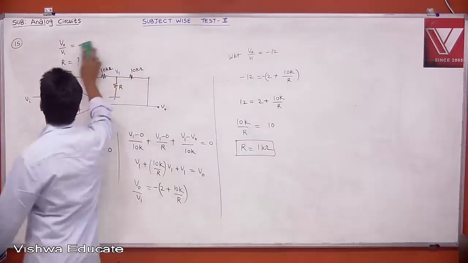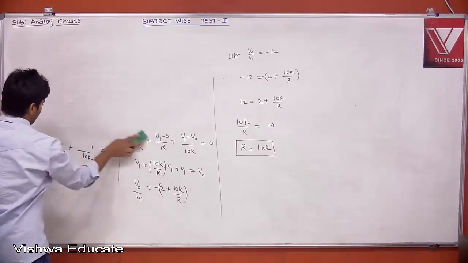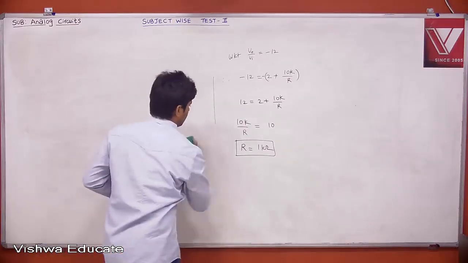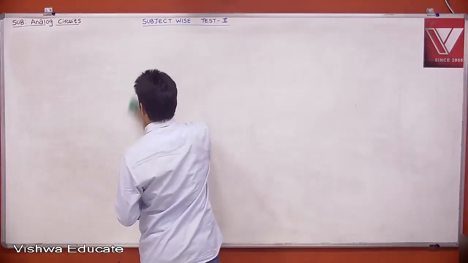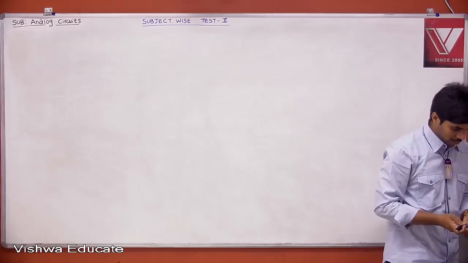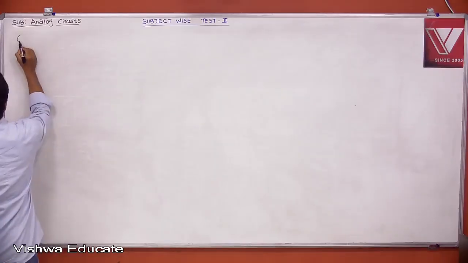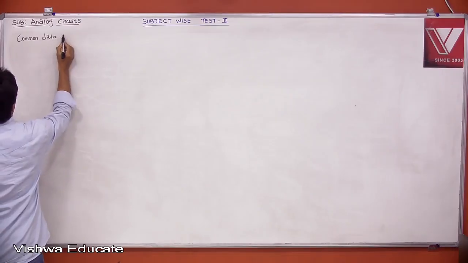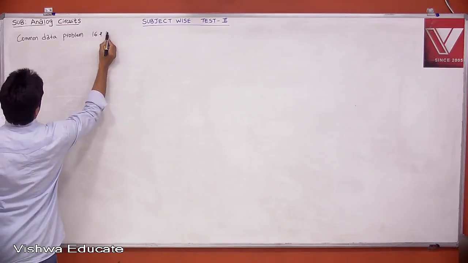Now let's continue and solve the common data problem having 2 bits, 16 and 17. Common data problem, 16 and 17.